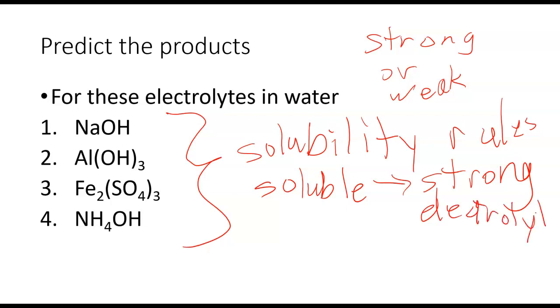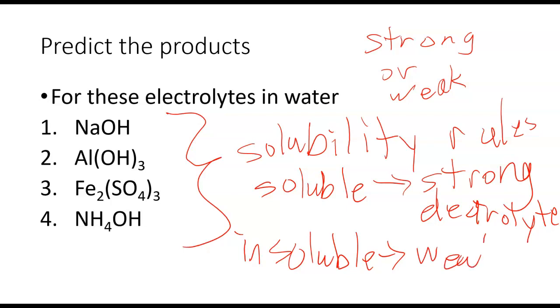If it is insoluble, then write it as a weak electrolyte. So this is kind of combining some things from some previous parts. So do make sure and combine that together and determine what the products would be. How would you write this reaction for these dissolving in water?